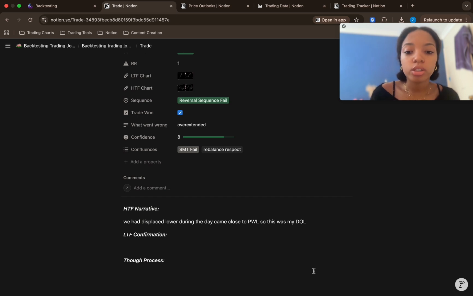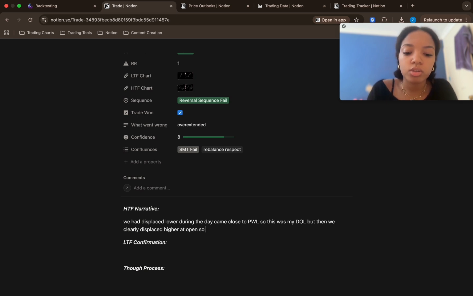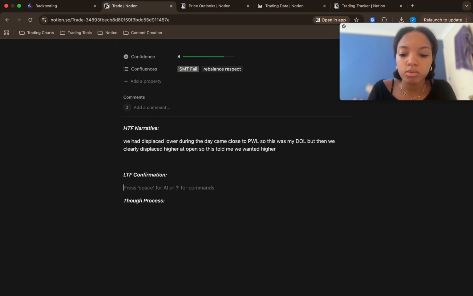We displaced lower during the day, came close to previous week low, so this was my draw on liquidity, but then we clearly displaced higher at open, so this told me we wanted higher, and then had a reversal sequence fail plus SMT fail.